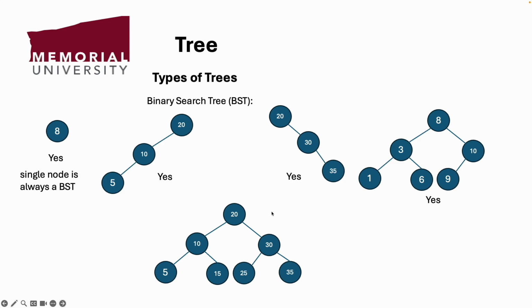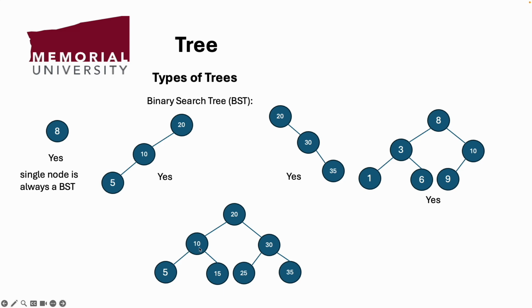Now let's look at this example. The root node is 20. The 20 has a left subtree and a right subtree. On the left subtree, the left child node 10 is less than 20. It looks fine.